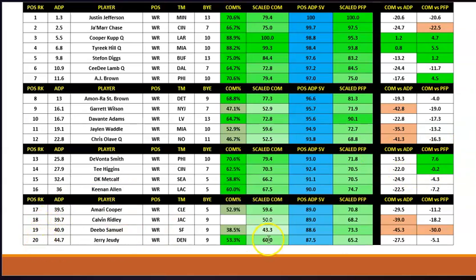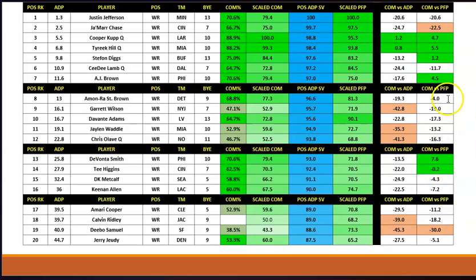17, 18, 19, 20. Again, Ridley and Samuel are of concern. Judy, actually, as far as projections, is one of the best in this rank. Keenan Allen is okay as well.